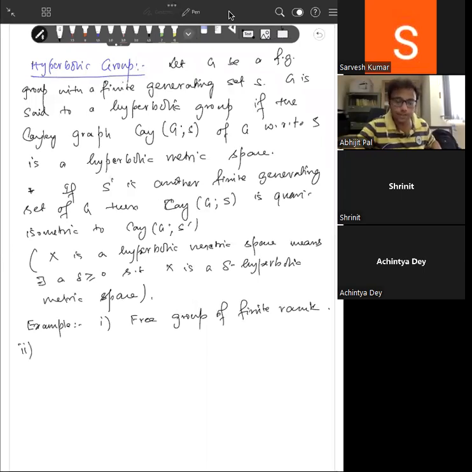The Cayley graph is a tree, right? So with respect to the standard generating set, the Cayley graph is a tree. Therefore, free groups are hyperbolic groups. Another example: if I again take the fundamental group of the genus G surface, a closed orientable surface where the genus is greater than or equal to 2, this is hyperbolic.